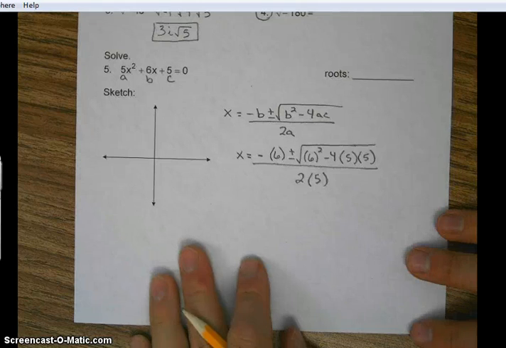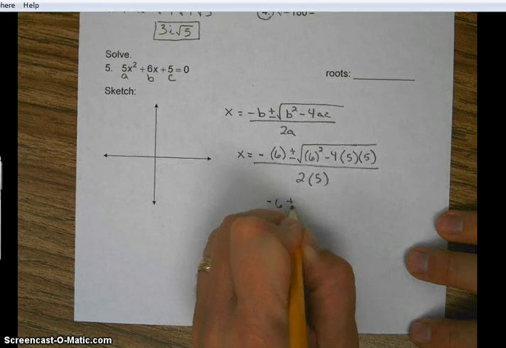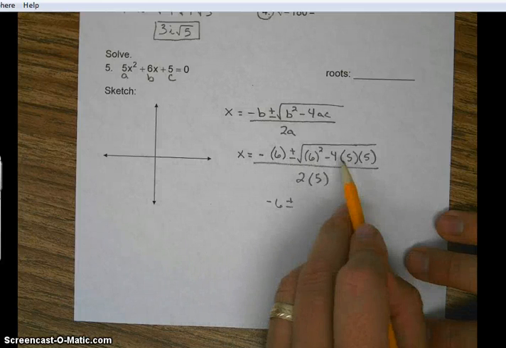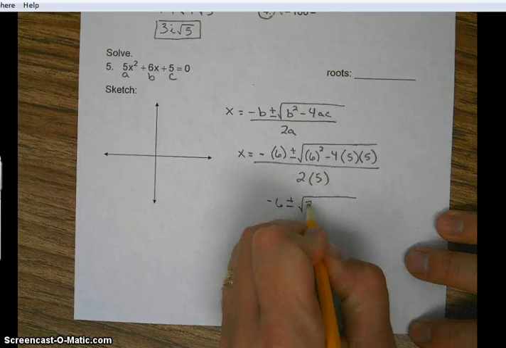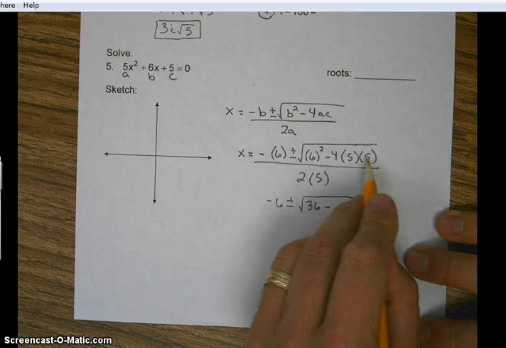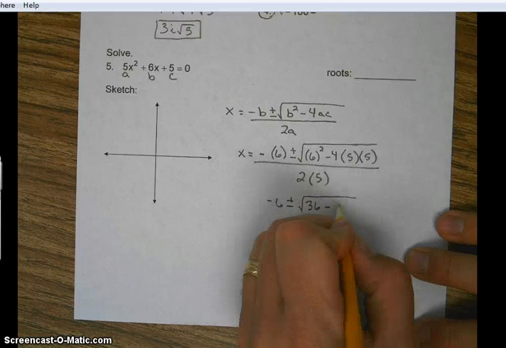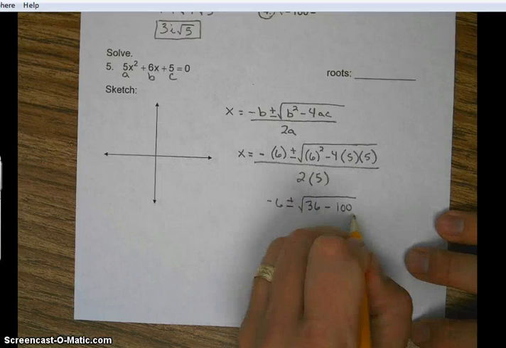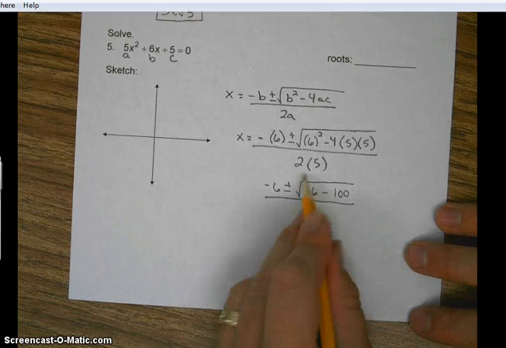Okay, let's start simplifying. We get a -6 out front. Let's see. This is 36. 5 times 5 is 25. 25 times 4 is 100. Over 10. Don't forget your denominator.